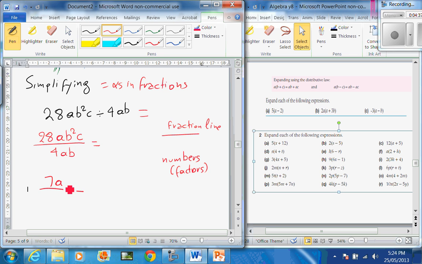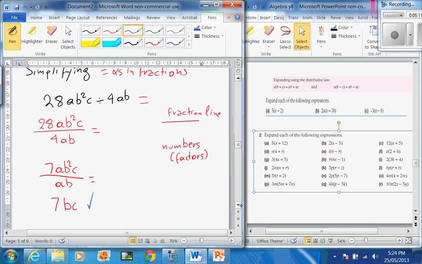And I write ab squared c divided by ab. But I can go straight to the next step. And I write cancel, cancel, cancel, cancel, cancel. So I write 7bc. So that was the simplifying to remember for those who have forgotten it.